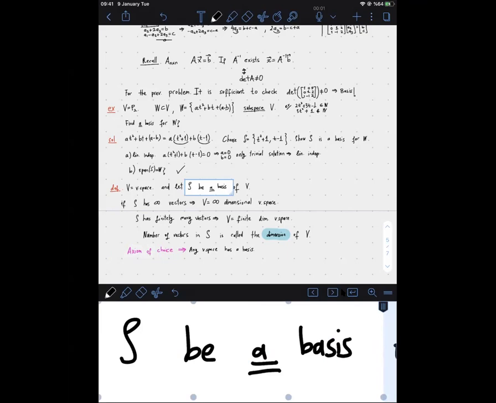If one basis has n vectors, and you choose another set of basis vectors, the number of those vectors should also be n. So the definition is independent of the chosen basis. This is a theorem.